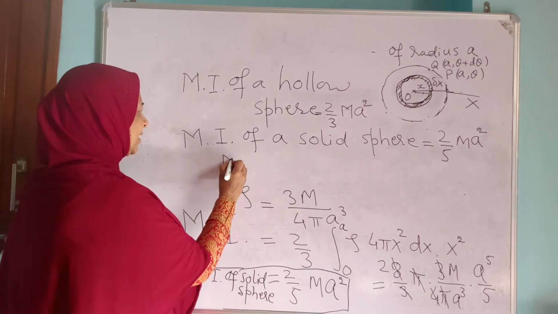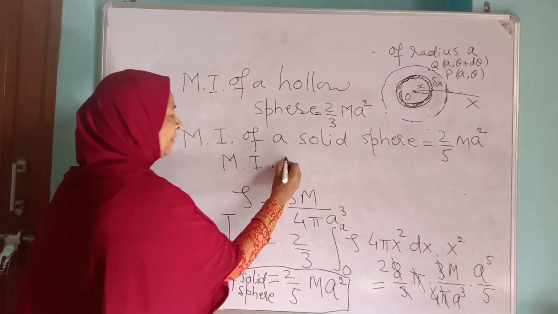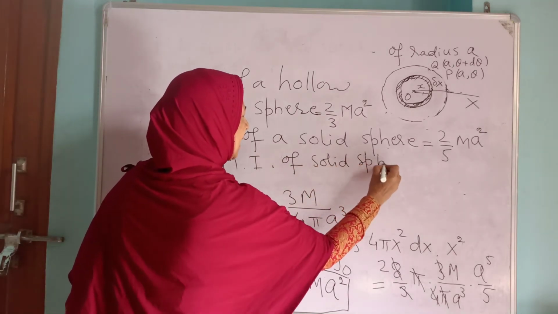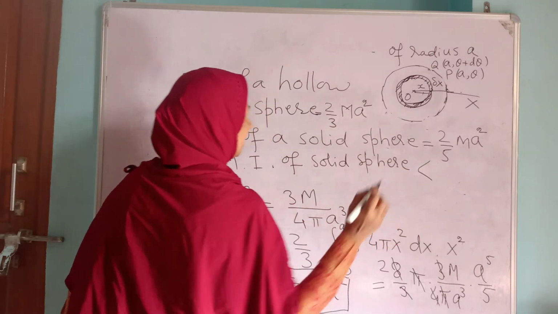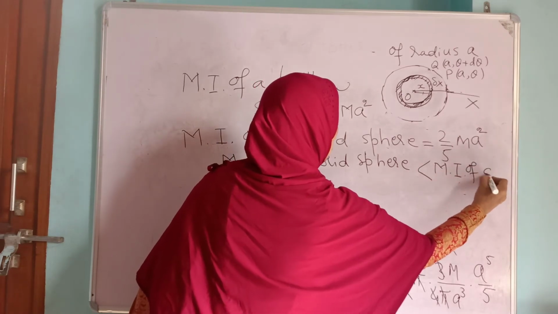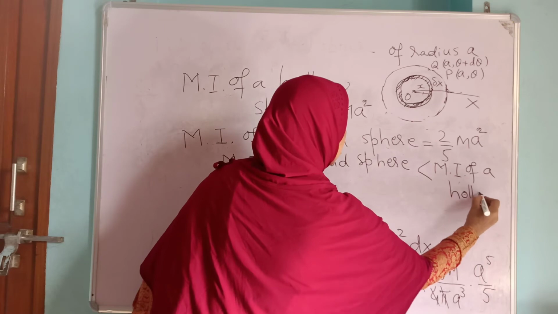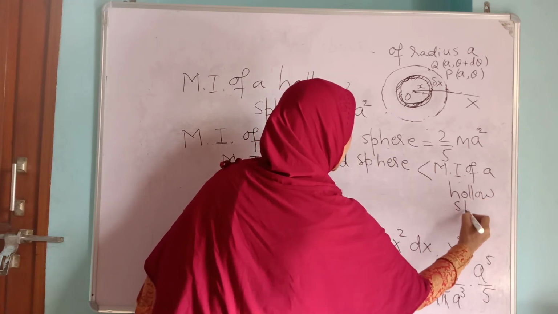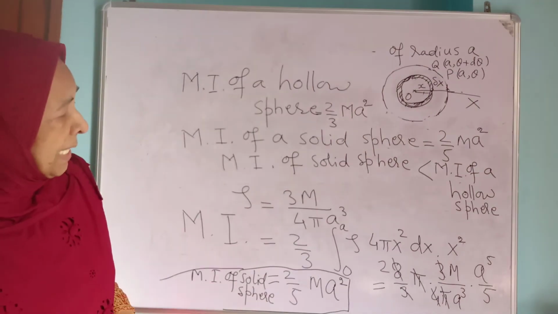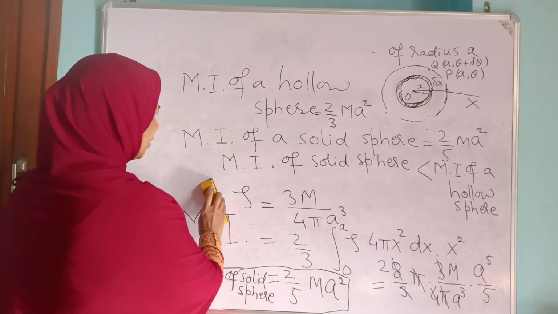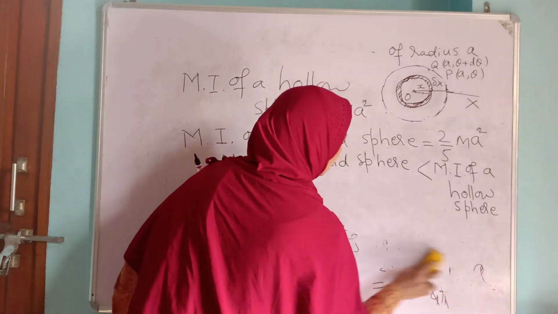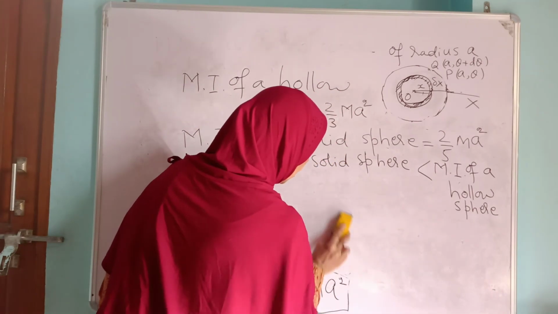So the moment of inertia of a solid sphere is less than the moment of inertia of a hollow sphere, isn't it? Same axis, same mass, same radius, but the moment of inertia is 2/5 for a solid sphere and for a hollow sphere it is 2/3.